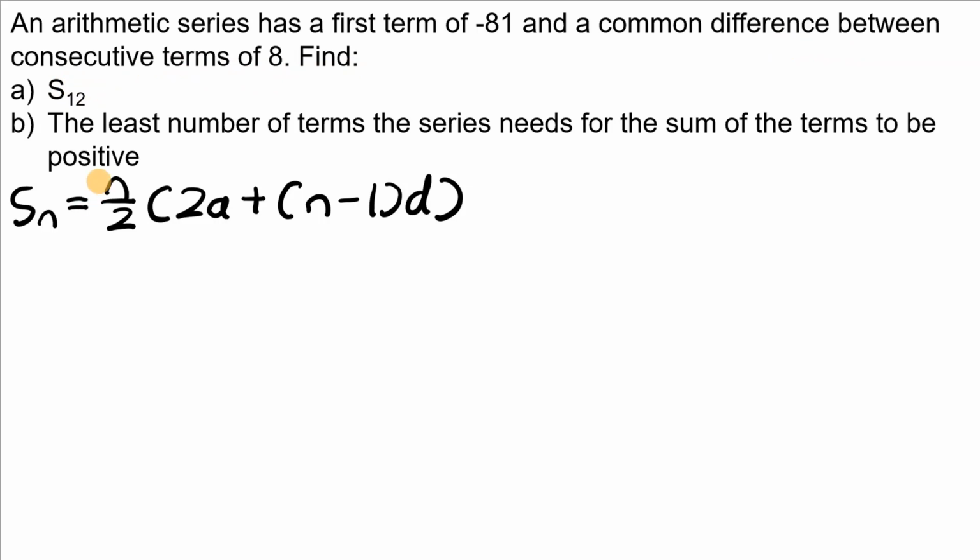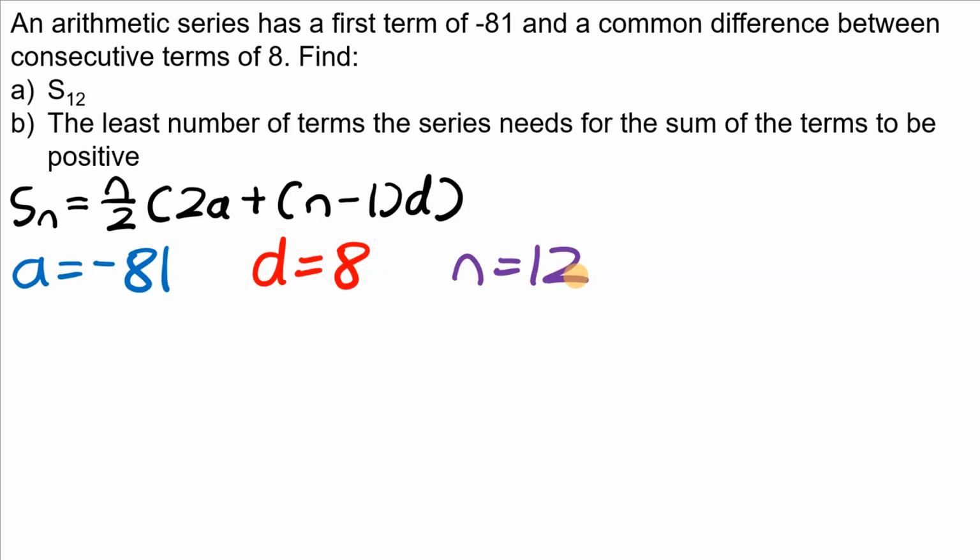Okay, so here we're going to use this formula for Sn, where a is the first term, which is minus 81, and d is the common difference, which we're told is 8, and n is the nth term which we're going up to, and as we're trying to find S12, this is going to be equal to 12.